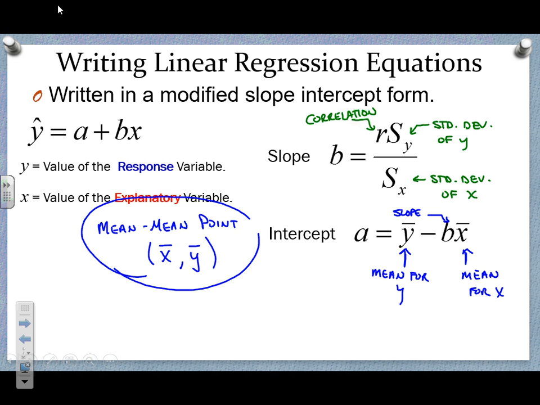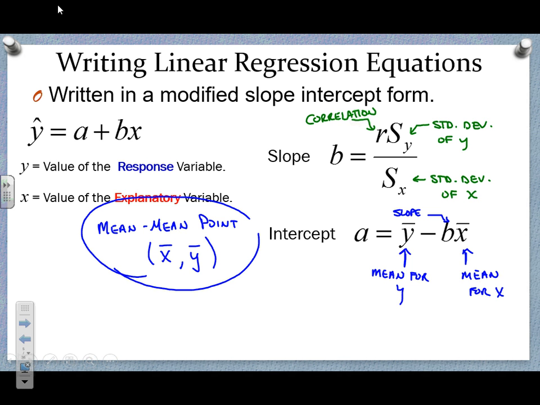I will check that. Does your line pass through where x bar, y bar would be plotted? If it doesn't, it's going to be wrong. Okay, so you need to make sure that when you draw these by hand, you are passing through the mean point.